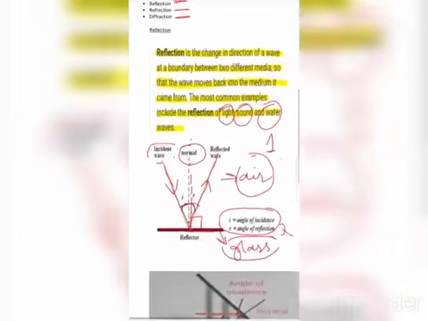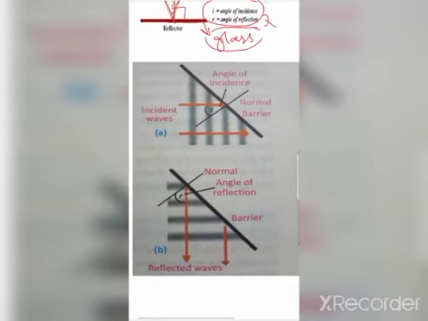Let's see this figure, it will make you clear all about that. This is the boundary, this is the second medium represented by the black line. Incident waves are striking the surface of this medium like this.